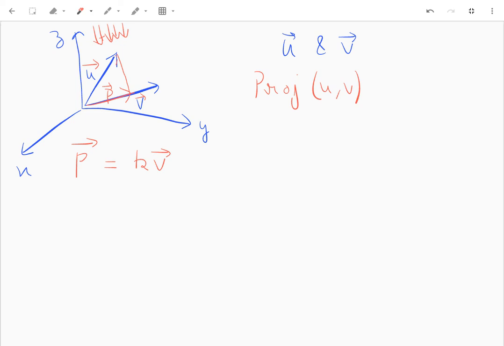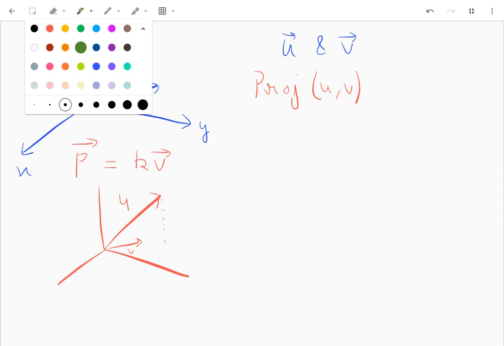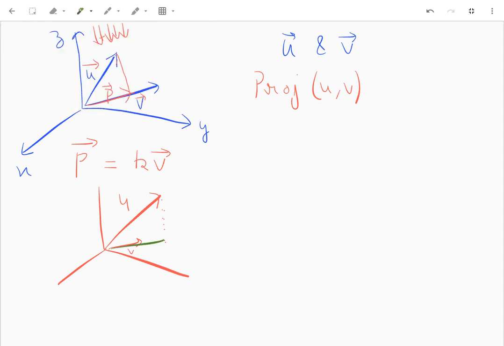It can also be larger, like this can be vector u, this can be vector v, and this could be the projection. Why not?